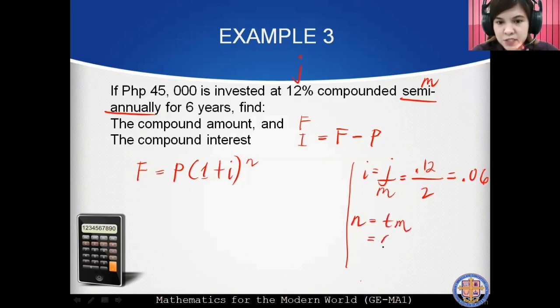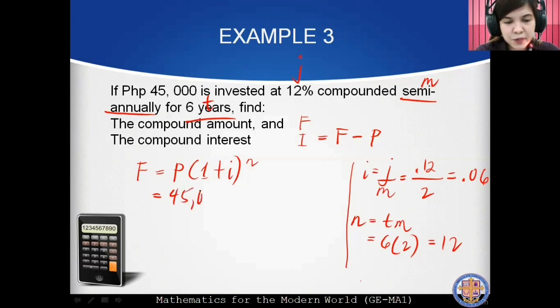And our N is T times M. Substitution: time is 6 years, as written in the problem. M is still semi-annually, so 2. So the answer is 12. Substituting in the formula, principal is 45,000 pesos times 1 plus I, 0.06, raised to N, raised to 12.